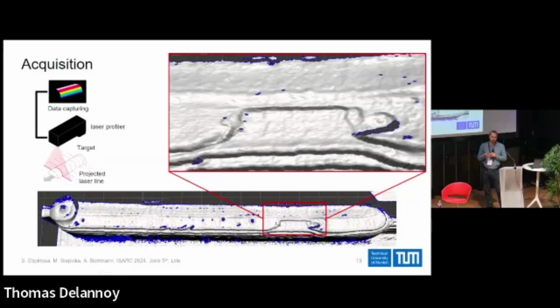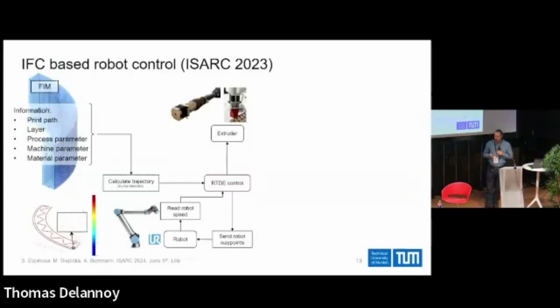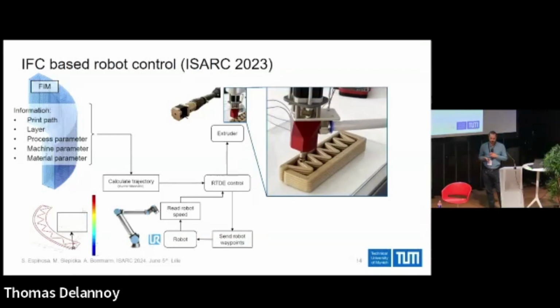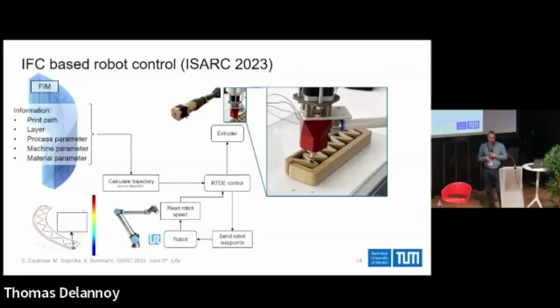The scanner is attached to a robot. We need to know the robot position. So for that, I introduced this last year in ISARC 2023. We developed a control mechanism that utilizes the FIM data structure and can directly control the robot and extruder.